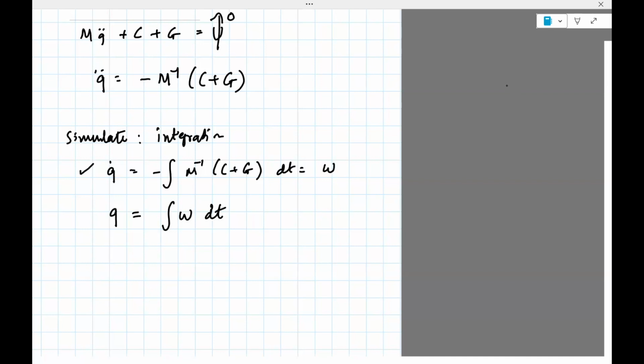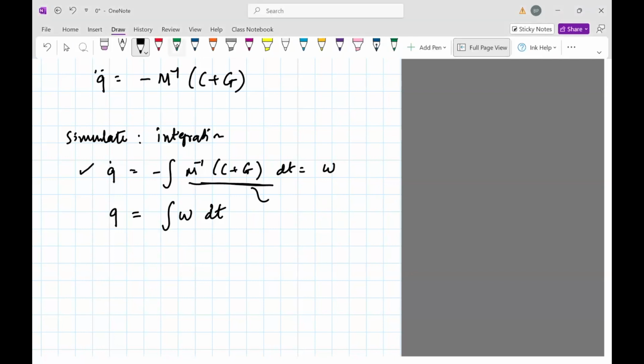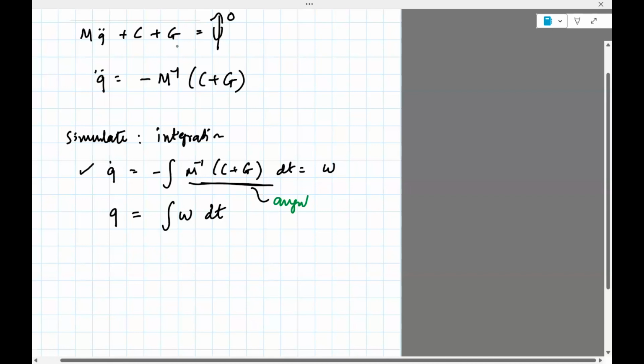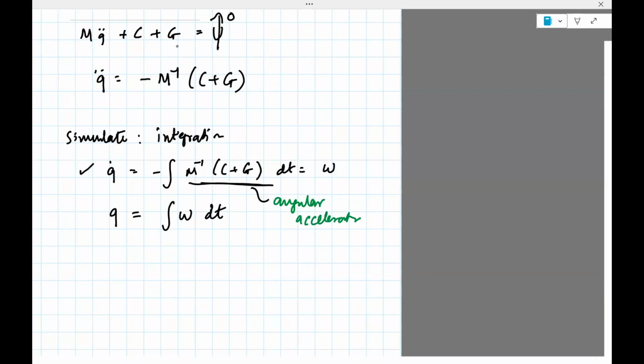So we need to integrate this angular acceleration to get the angular velocity, which is omega, and then integrate again. So think of angular acceleration as having to be integrated twice to get the position, right? And once you get the position, we can simulate the system.